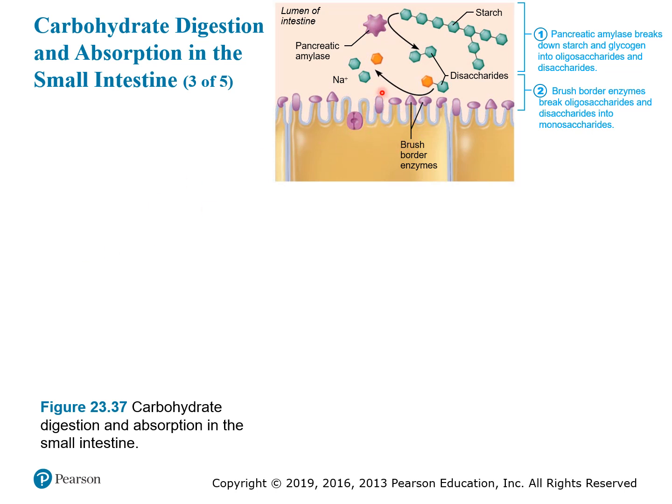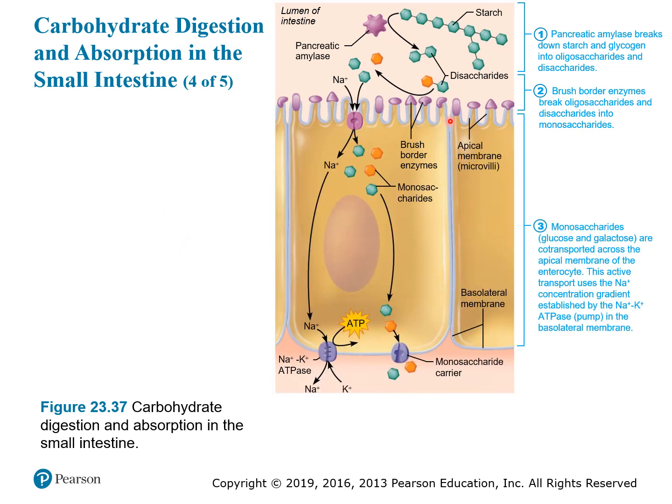So these monosaccharides reach the apical surface of the cell, and then they are taken into the cell along with the sodium. This is known as co-transport, and the energy is coming from this pump. This is secondary active transport.